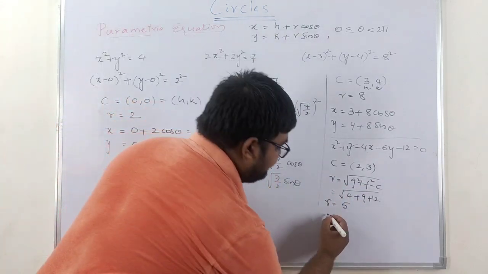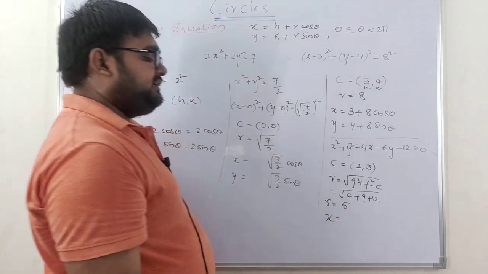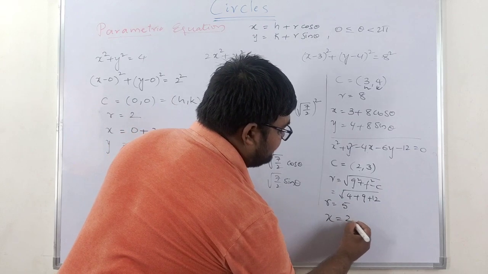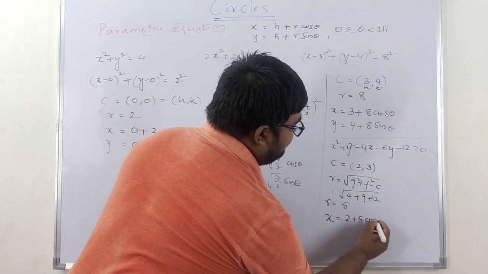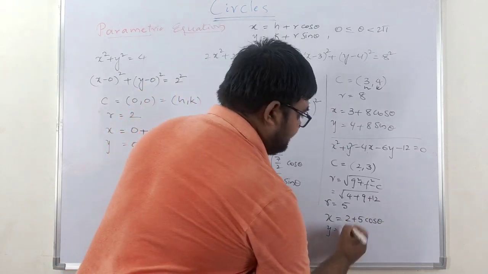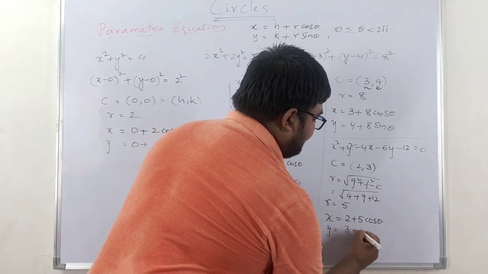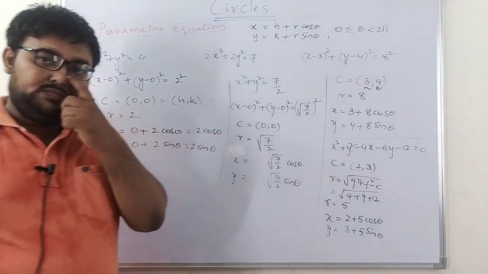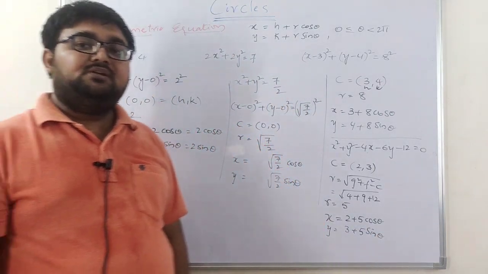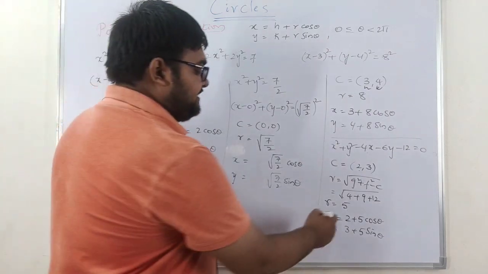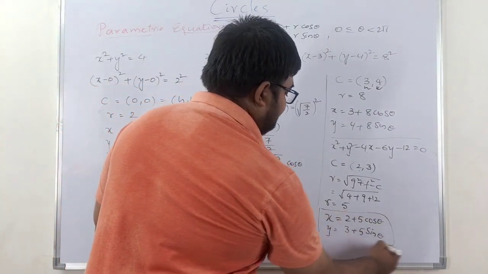From this, the parametric equations are x is equal to h plus r cos theta, that is 2 plus 5 cos theta, and y is equal to k plus r sin theta, so 3 plus 5 sin theta. If you want, you can check whether these satisfy the given equation or not.